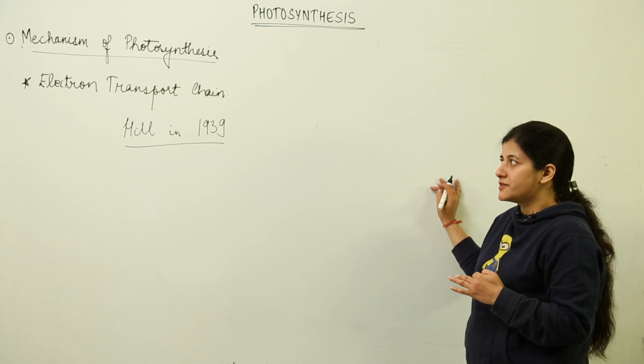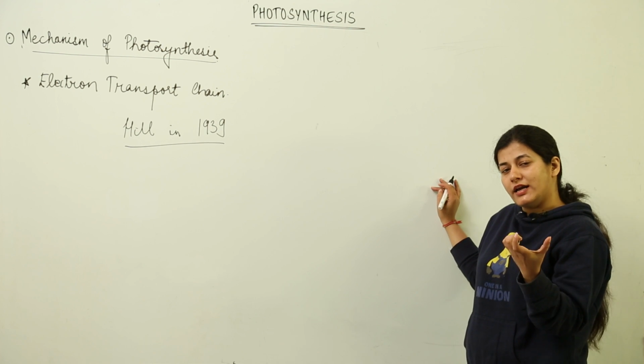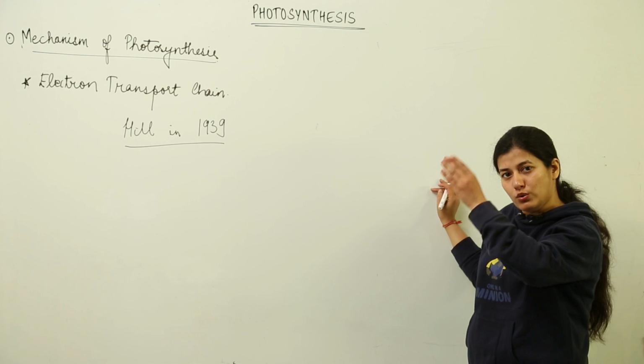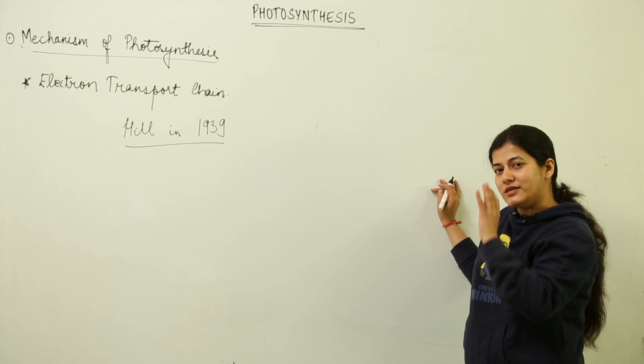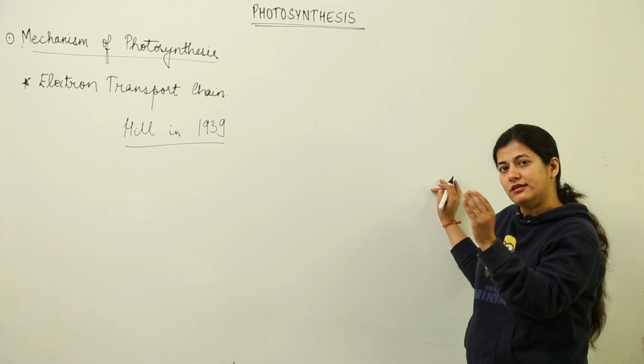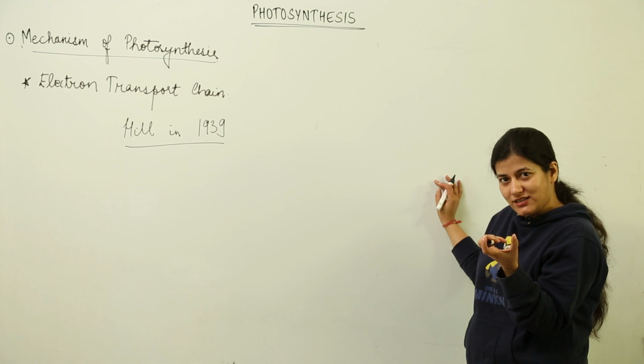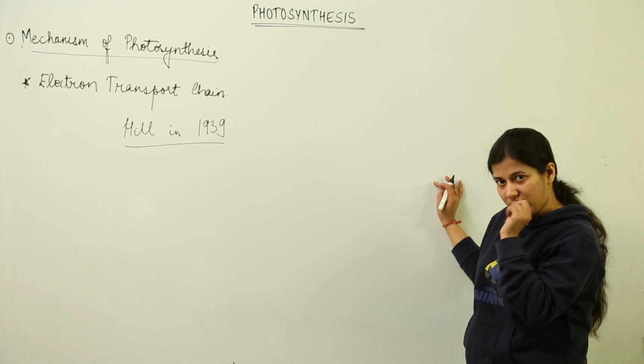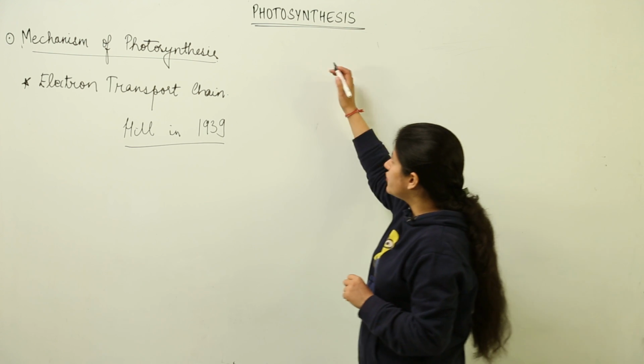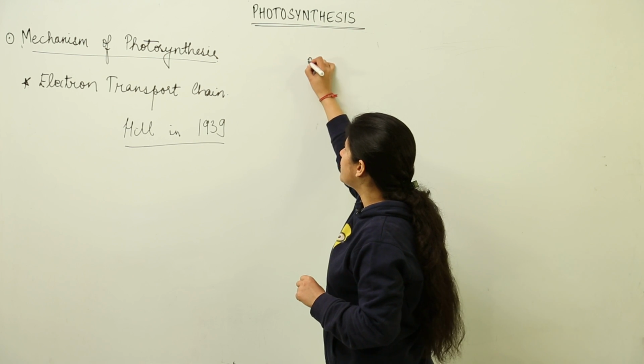In the electron transport chain, we study from where the electron originates and where it goes till the end. Basically we are going to track the passage of the electron from the site where it gets excited to where it is trapped in the last. Firstly, it would be excited from the photosystems.